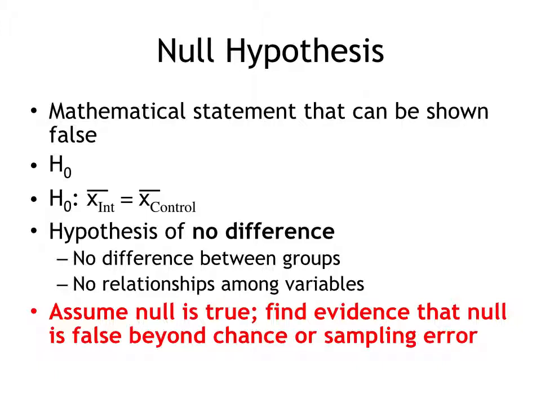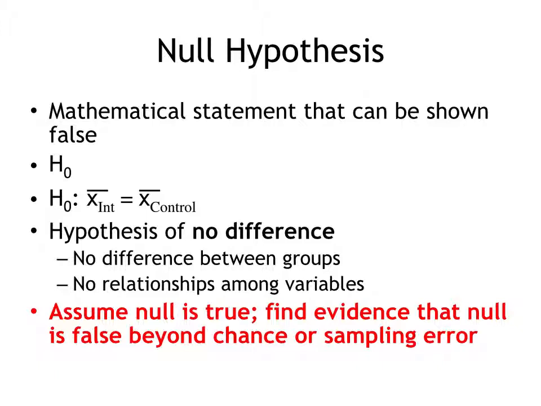Or sometimes the null hypothesis is saying that there's no relationship among the variables if you're doing regression types of analyses. In red, this is very, very important as you read inferential analyses. You always assume that the null is true.